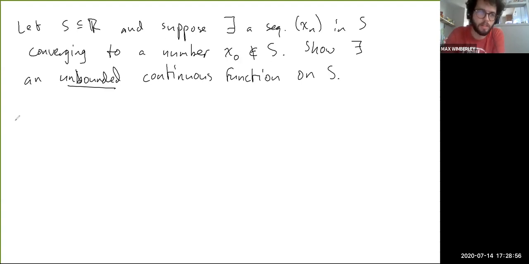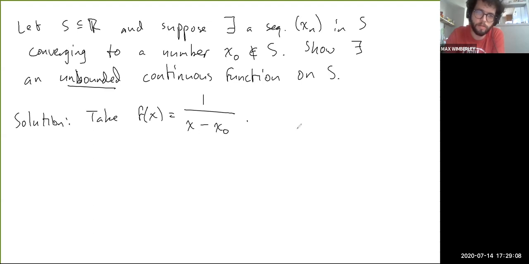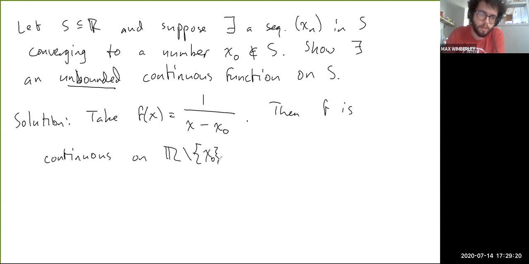So the solution would be to take f of x equals 1 over x minus x naught, right? Then f is continuous on R minus the point x naught.